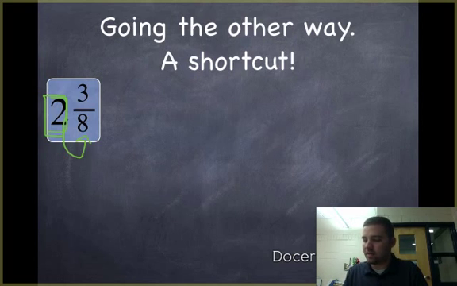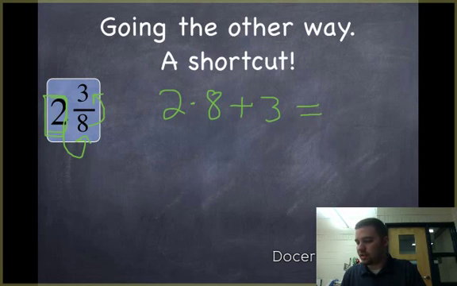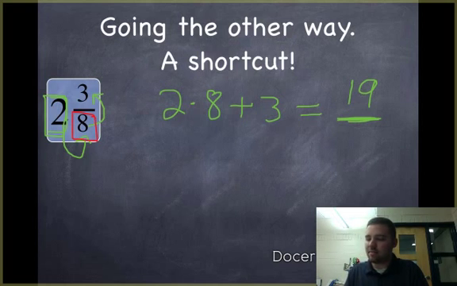So I take 2 times 8, and then I add the numerator. So 2 times 8 plus 3. That gives me 16 plus 3, which is 19. And that's all divided by whatever my denominator was, which is 8.